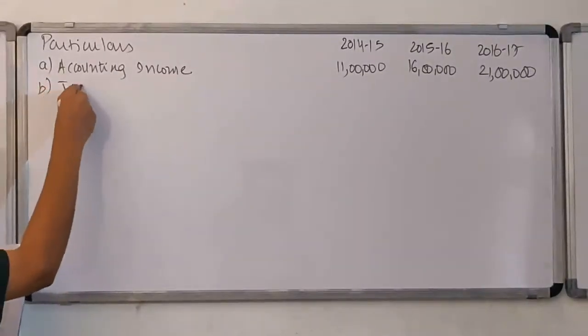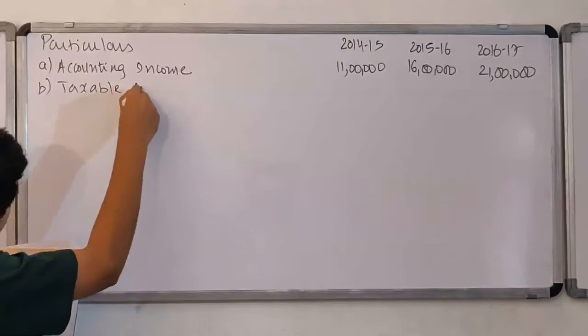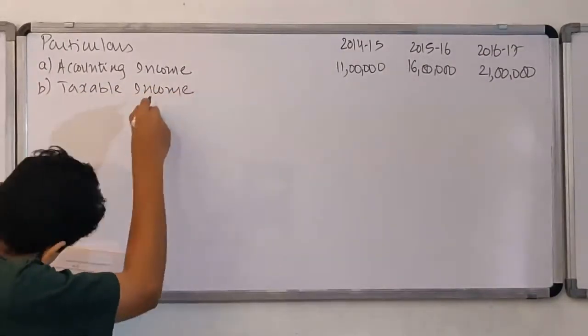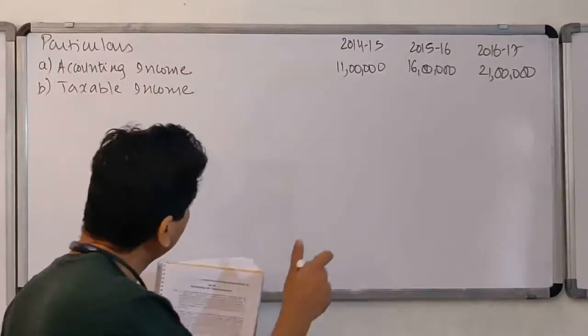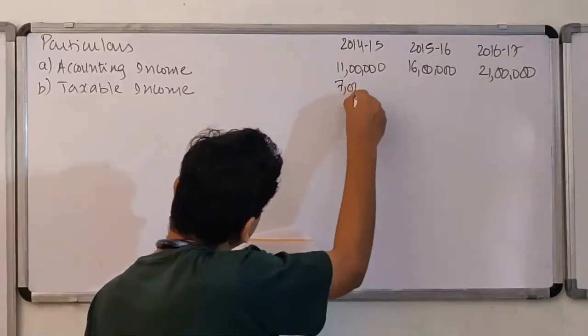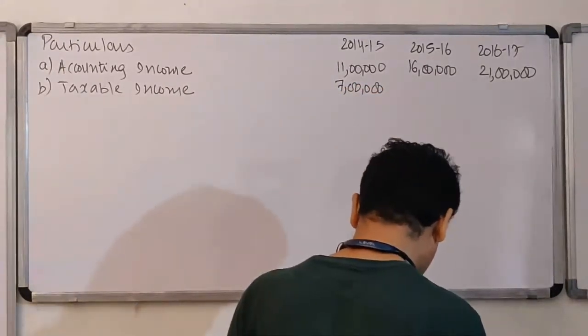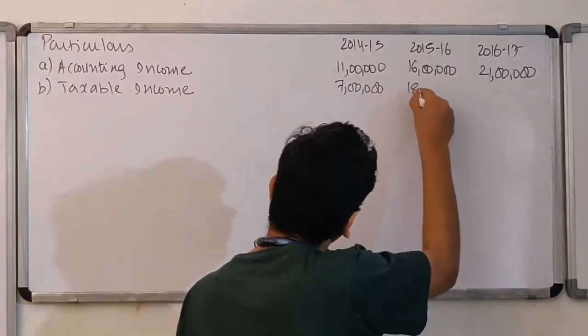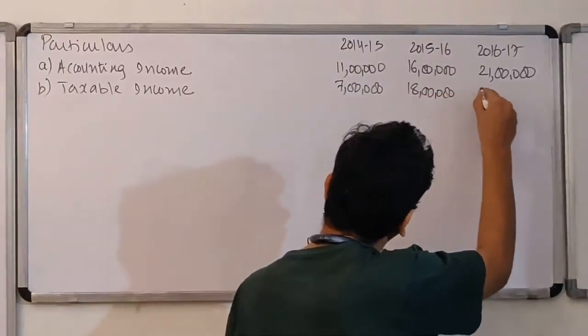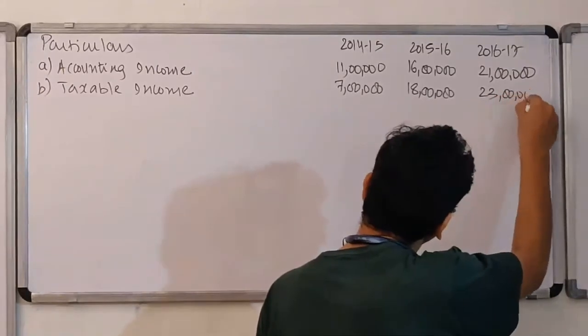Next, taxable income. First year 7 lakhs, 18 lakhs, 23 lakhs.